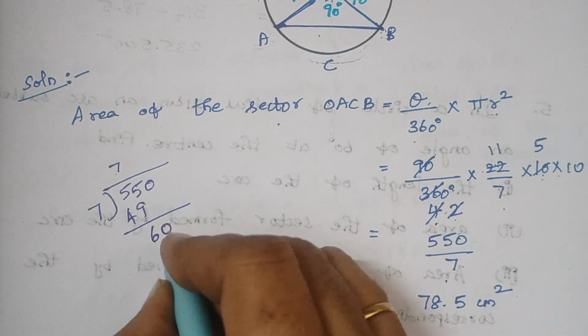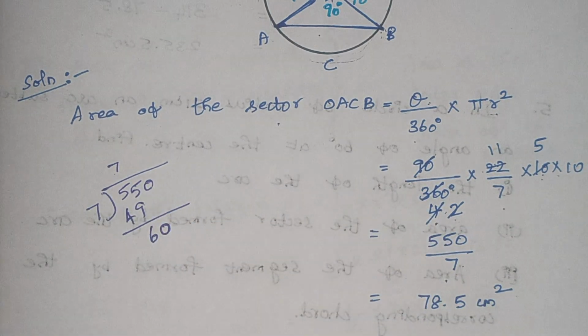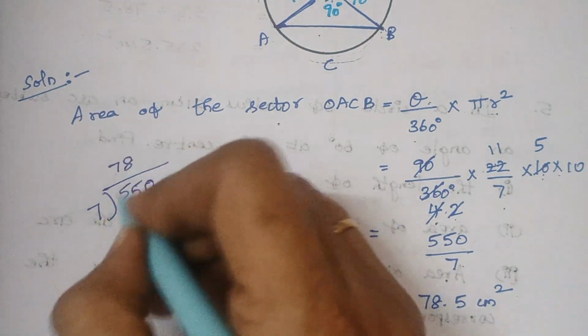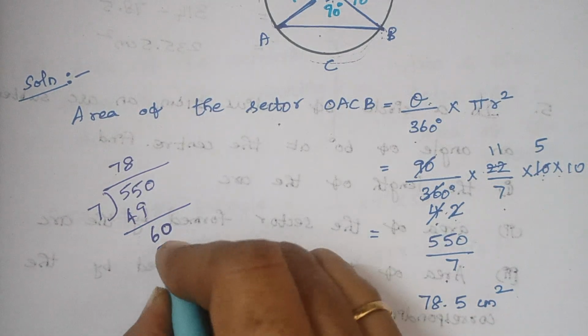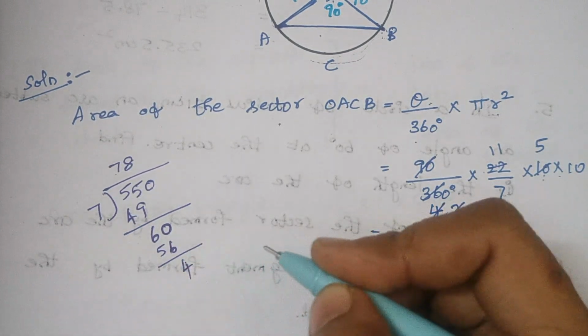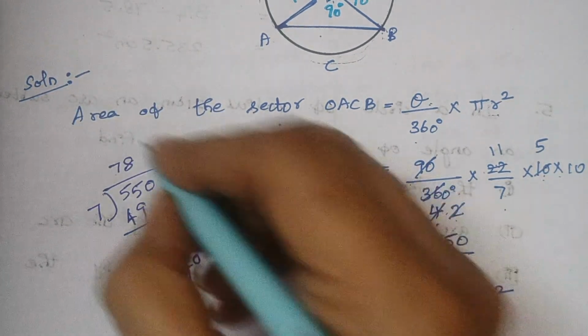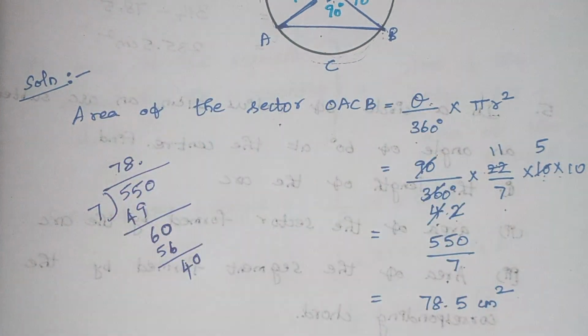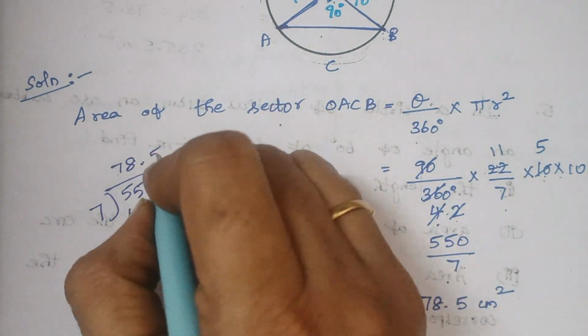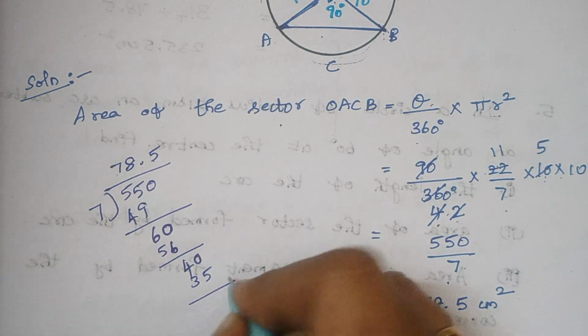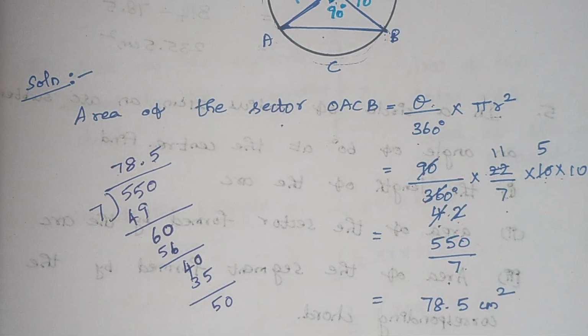Again I bring the 0 downward, 60. 8 7s are 56, so the balance is 4. I add a 0 and place a dot over here. Again 7 5s are 35, so again 5 0 and it goes on. So the answer is 78.5 centimeter square.